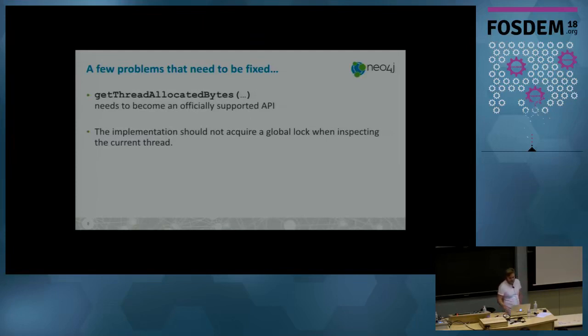But the use cases haven't been there, so it always grabs that lock. Even though we use this in Neo4j, where you can turn on tracing of allocation for your queries and get information about how much data was allocated while your query ran, it unfortunately leads to contention, so it's turned off by default.